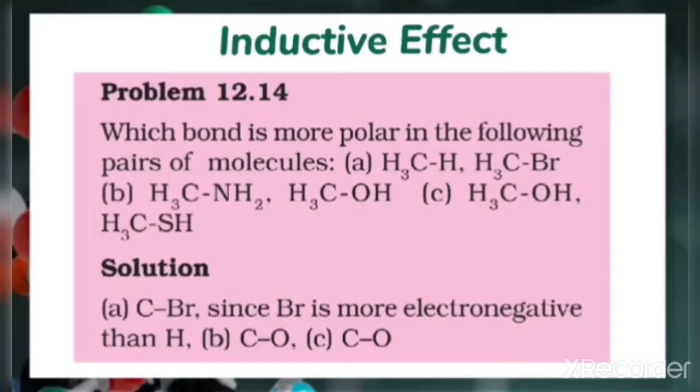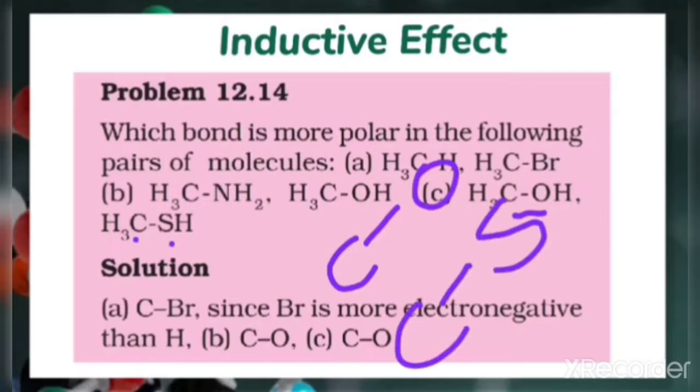What about the third case? In the third case, here it is the C-O bond and here C-S. The bonds are given in the question itself. So when you compare the polarity of these two, which one is more electronegative? As we know, oxygen and sulfur belong to the same group, that is group 16. So which one is more electronegative?